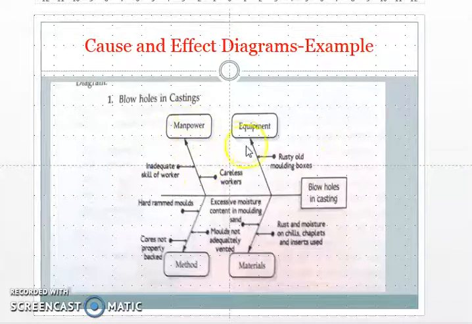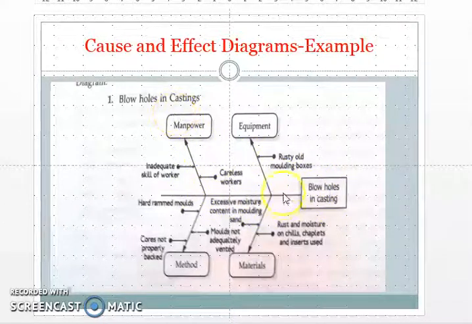After that you can add the causes to the diagram. This is the main cause. Suppose we take the example of blowholes in casting. This is due to equipment, but in equipment, a rusty and old molding box is the sub cause, and due to these rusty and old boxes blowholes in casting are possible.